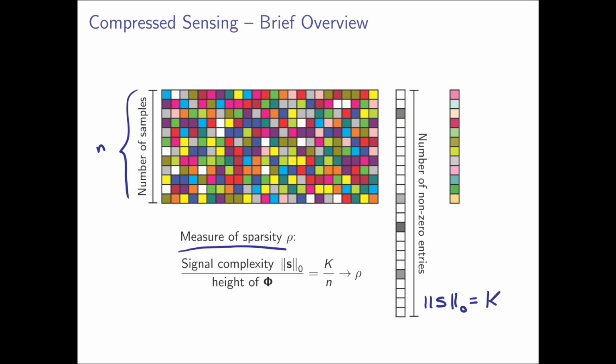Clearly, under such circumstances, exact reconstruction is impossible and the problem becomes uninteresting. As such, we'll focus on situations where the measure of sparsity ρ lies between 0 and 1. Again, this is an asymptotic notion. So what we really mean is that in considering large systems, we let k and n go to infinity with their ratio converging to a constant, and we call this constant ρ.